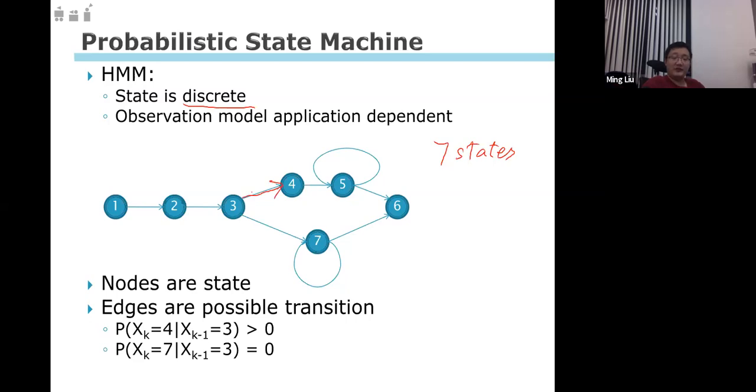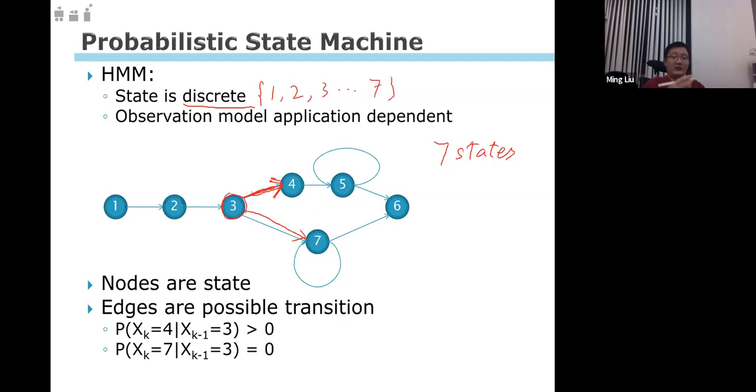For example, if your current state is number 3, probably your next state will be number 4 or number 7. But you cannot jump directly to number 5. So you have this transition model among the states. And the states in this case are discrete, they can only be 1, 2, 3, up to 7.